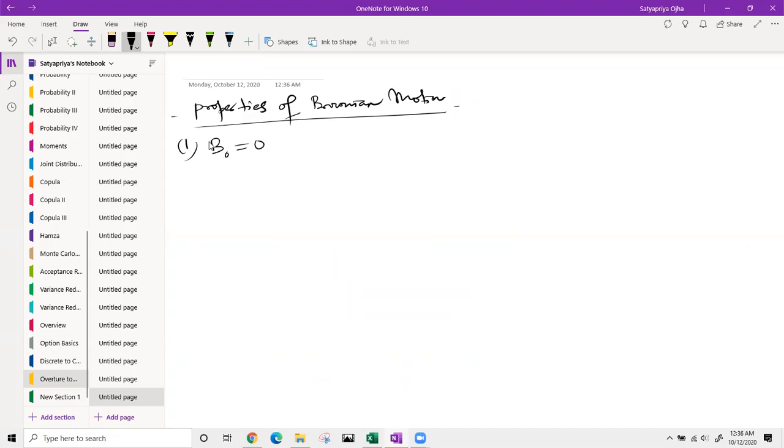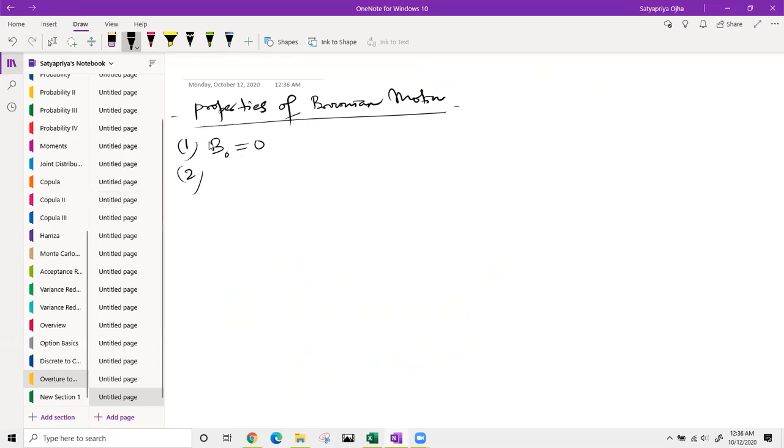At time t equal to 0, the value of the Brownian motion is 0. Wherever you start the counter at t equal to 0, since we have no information about the Brownian motion, we replace it with the average value. That is the convention. Assume it is 0 at t equal to 0. This is the definition or the property, you can say. It is always assumed to be 0 at t equal to 0.